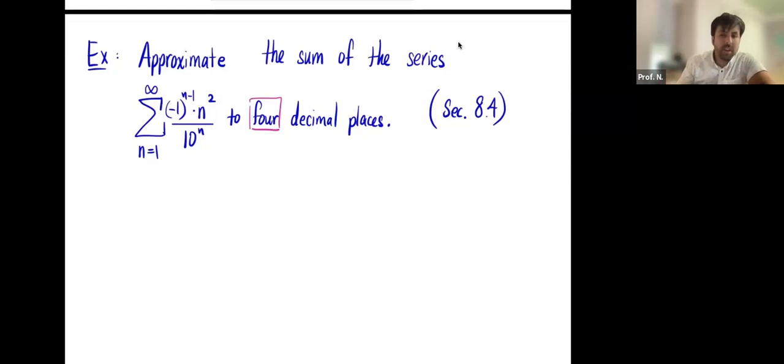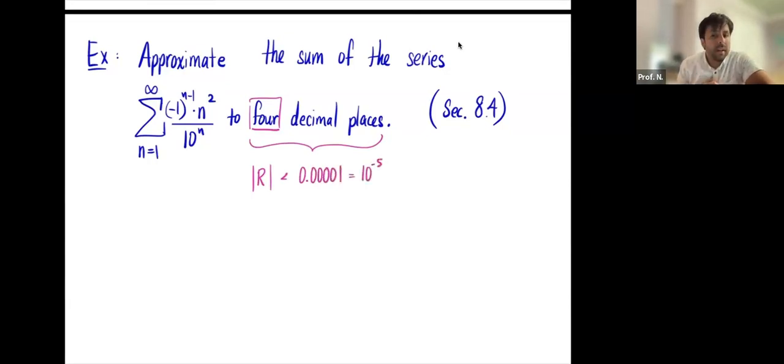Now, if you want to have a sum that is approximately correct to the nearest 4 decimal places, this immediately concludes that the remainder, whatever that may be, must be bounded, or must be less than an error of 0.00001, or in other words, 10 to the negative 5 power.